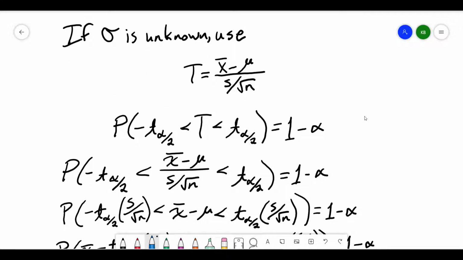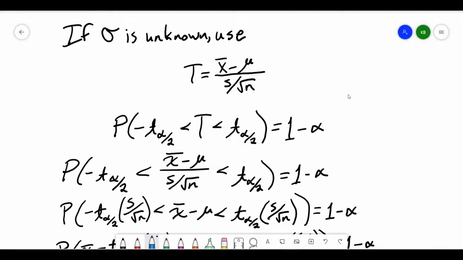When we don't know the standard deviation of the population, then we can use the t statistic to help us rather than the z statistic. So the t value we already have seen is t equals the mean of the sample minus the mean of the population divided by the standard deviation of the sample divided by the square root of the sample size.